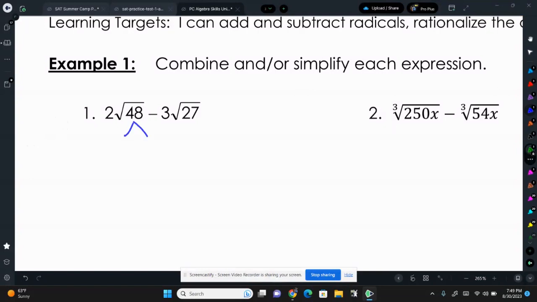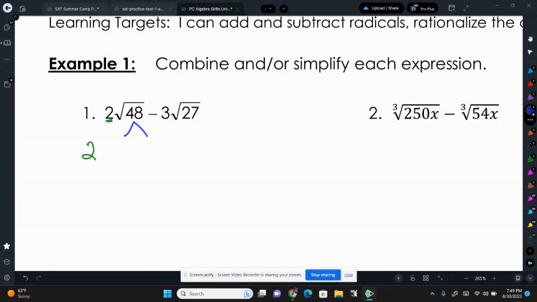When we simplify radicals like this, we always want to make sure we remember this 2 out in front. And you want to try to divide that number 48 by the biggest perfect square. So you might say, well, what about 4? If you do 48 divided by 4, that will give you 12.